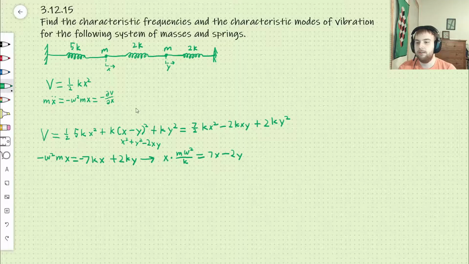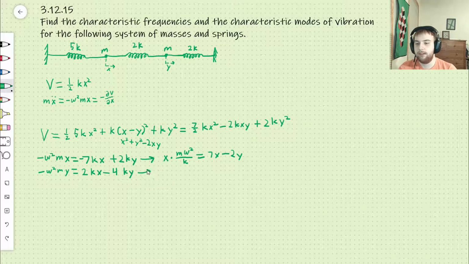And we can do the same with our y here. When we take the negative partial derivative of this with respect to y, this term drops out because it's the constant, and then we'll get 2kx minus 4ky.